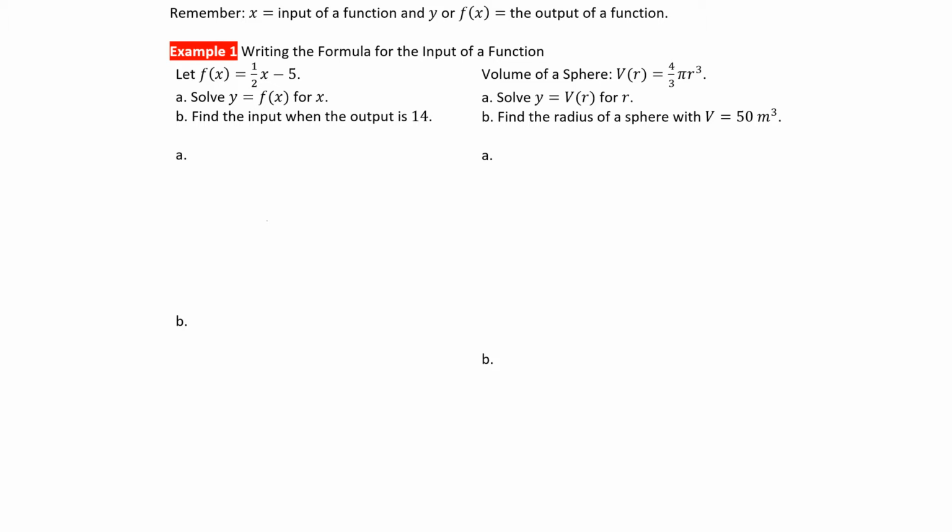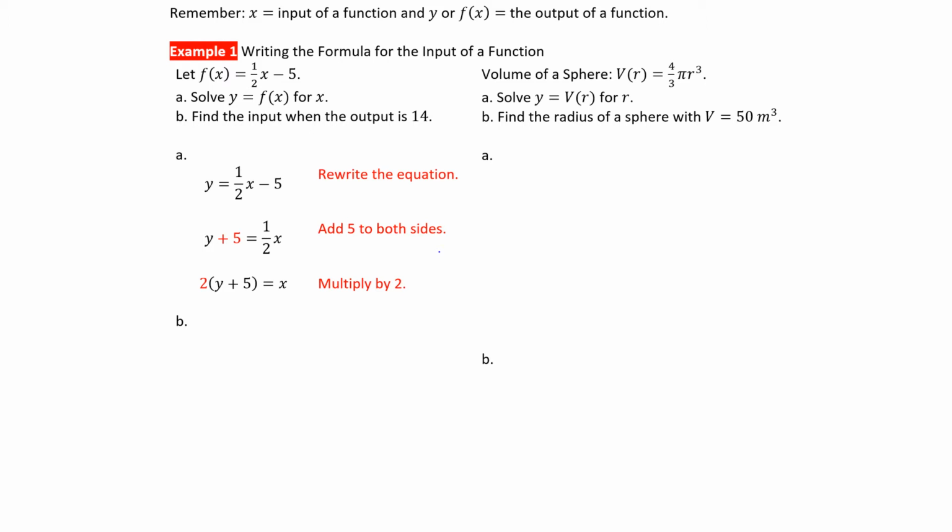So can we write a formula for the input of a function, 1/2 x minus 5? In other words, we don't want to say f of x equals, we want to say x equals. So to do that, let's rewrite the equation and then do two operations. We're going to add 5 to the other side, and we're going to multiply by 2. So now instead of y equals, we have x equals.